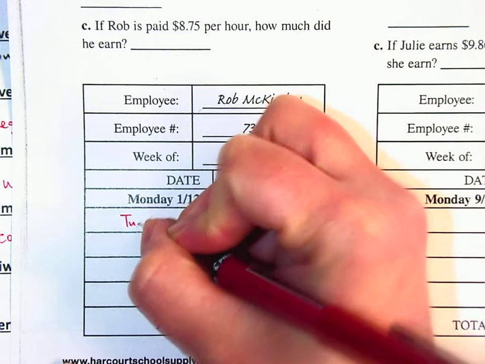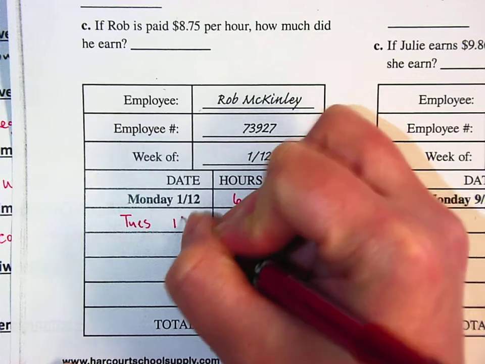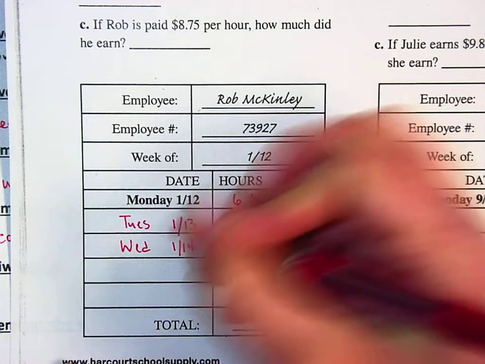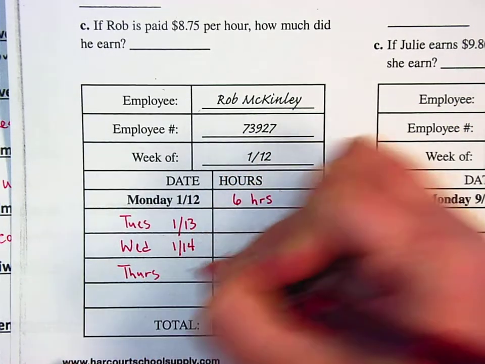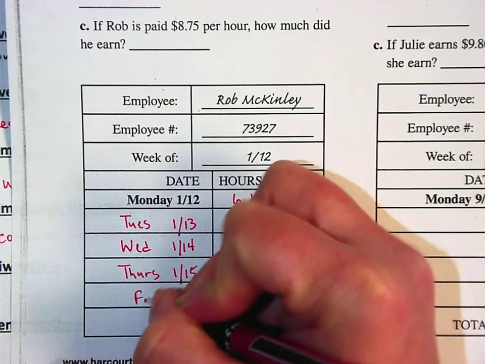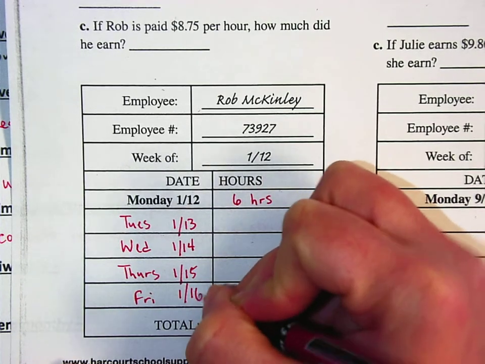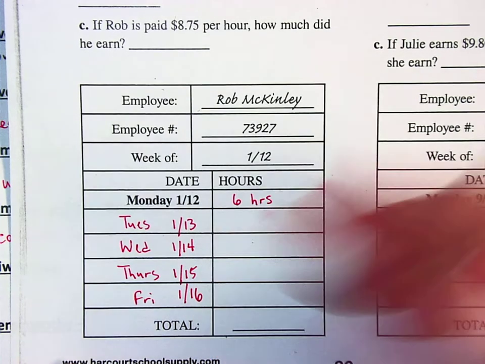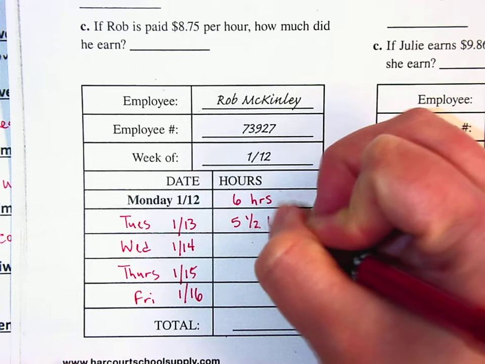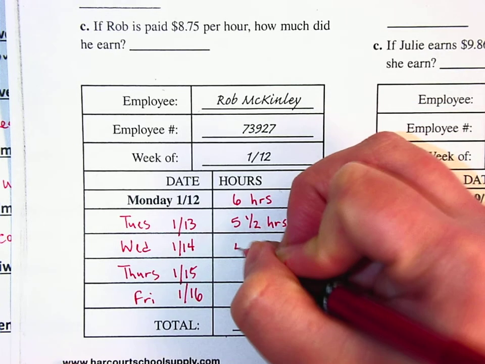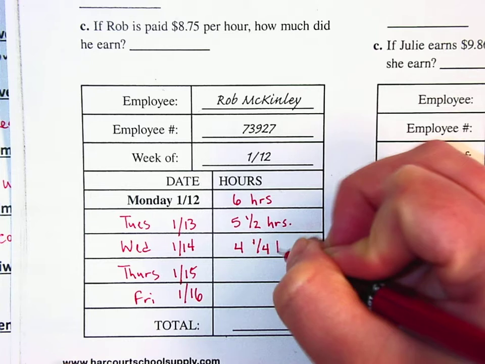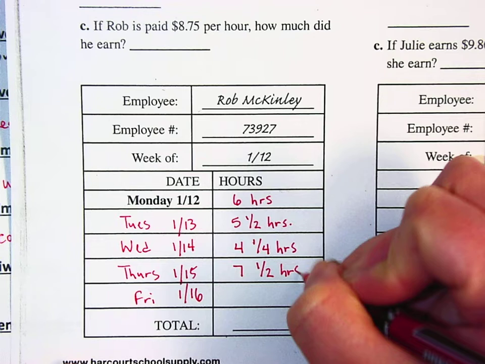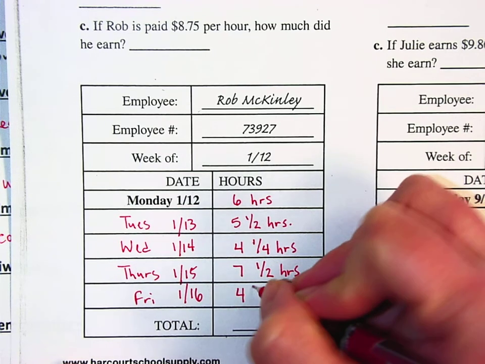And on Tuesday he worked 5.5 hours. And Wednesday, 4.25 hours. And Thursday, 7.5 hours. And Friday, 4.75 hours.